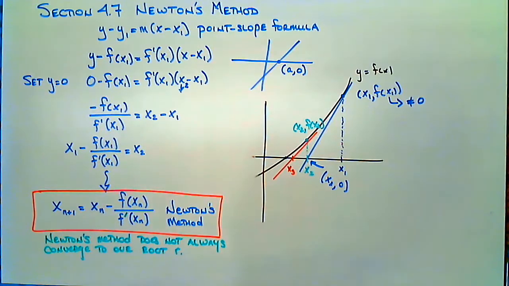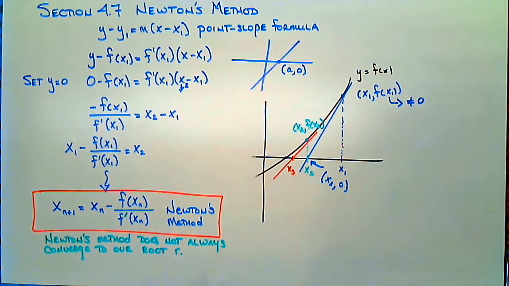Why did you teach me something that doesn't always work? Well, life's full of lessons that don't always work, right? We have to understand the exceptions. So what's one glaring exception that's going to cause Newton's method not to work?